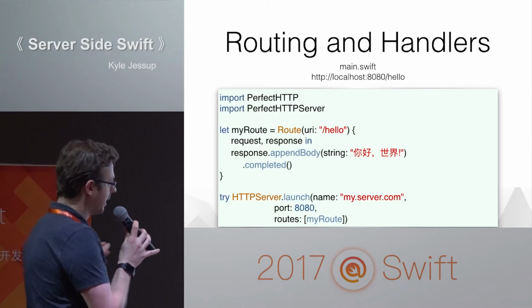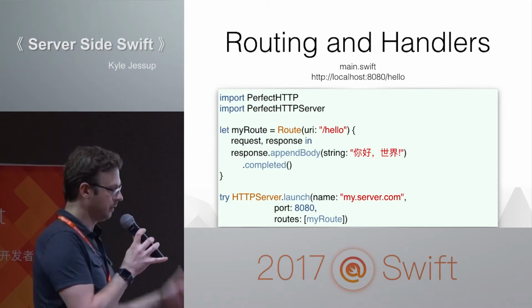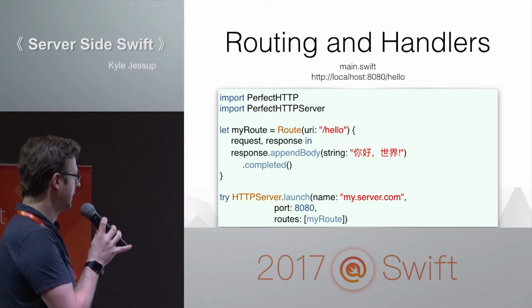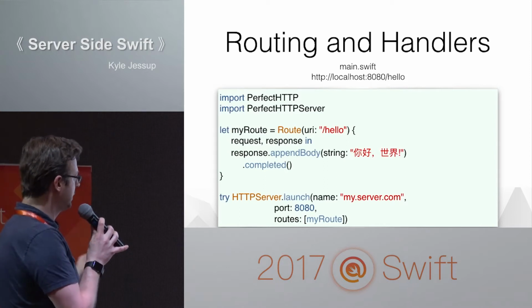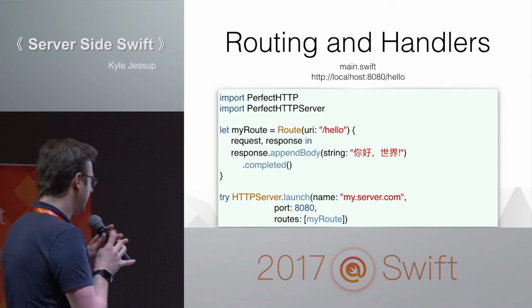You can hang on to this response object. You can return from this function we've provided. You can pass the response to a few other calls, add stuff to it, tweak it, and until you call completed, the request is still active.